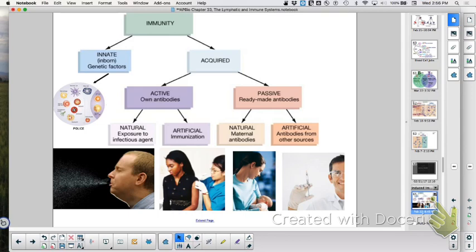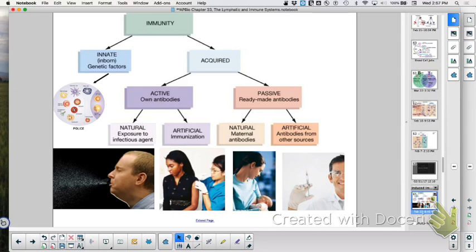So what we're born with is innate. Active immunity means I've been exposed to the pathogen, I have developed a clone army, and I have what kind of cells? Memory cells. So I own this immune response. If I get this in the future, I will be able to defend myself against it. That is active immunity. How could that happen?